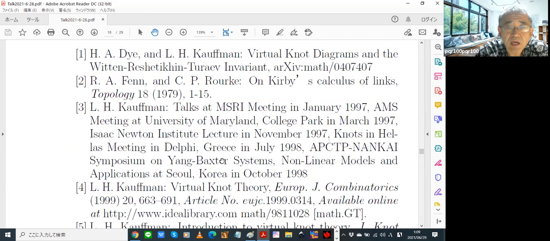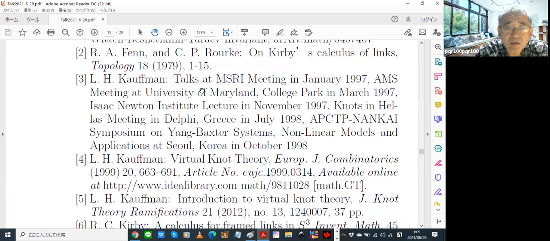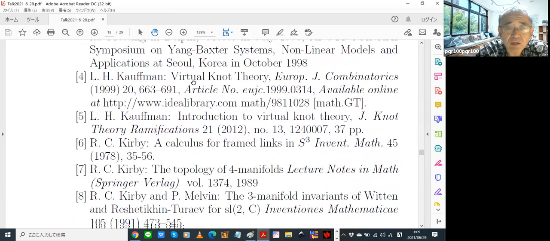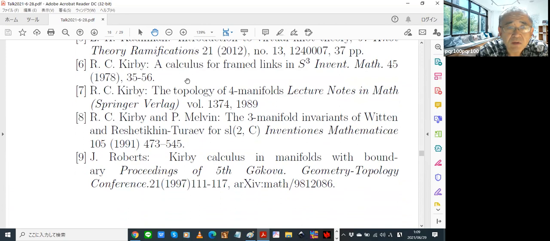Oh, sorry. Dye-Kauffman is here. Fenn and Kauffman's virtual knot, and Kirby's popular papers, and Roberts proved this one.